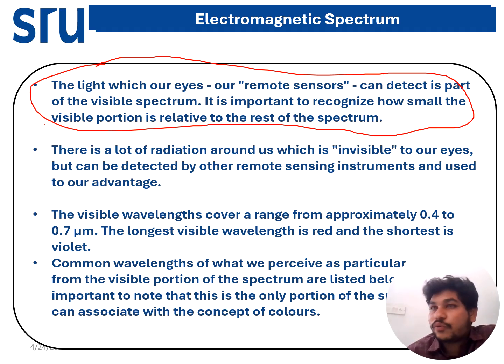Visible wavelengths cover a range from 0.4 to 0.7 micrometer, and the longest wavelength is red, and the shortest is violet.